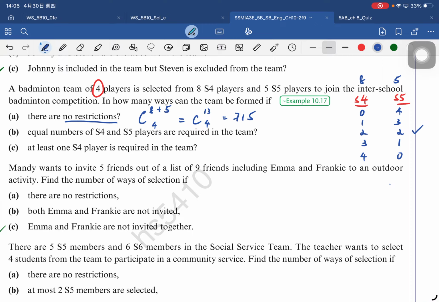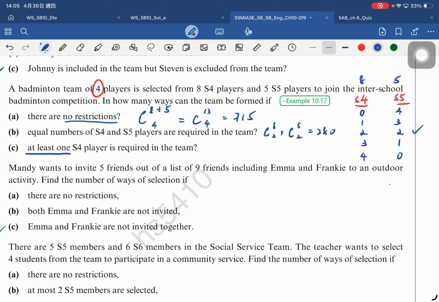So now step by step, select 2 players from S4, 8C2, and select 2 players from S5, 5C2. That's the end. It's not difficult, just remember this method.